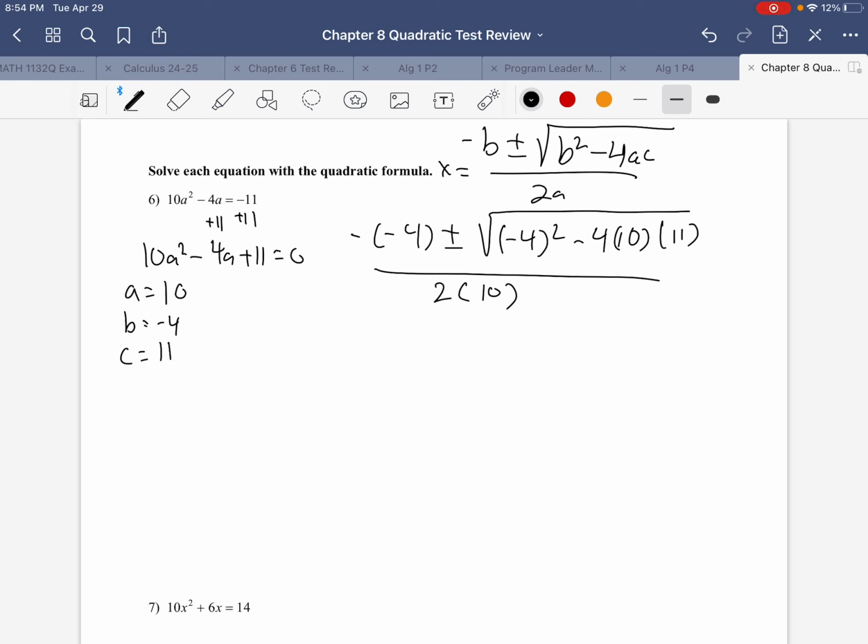So I got 4 plus or minus the square root of 16. 10 times 11 would be 110. So 110 times 4 is going to be 440. Minus 440. And then 2 times 10 is going to be 20.